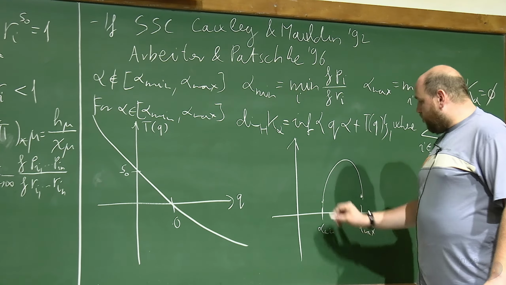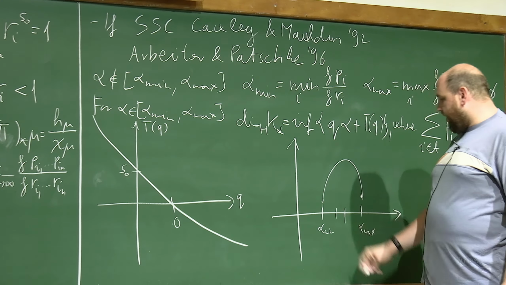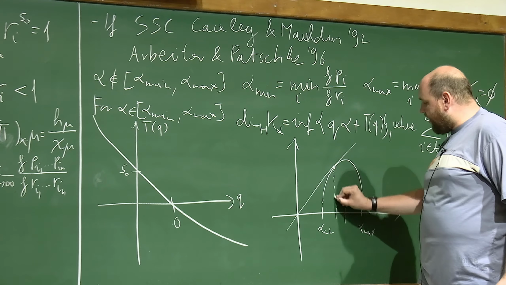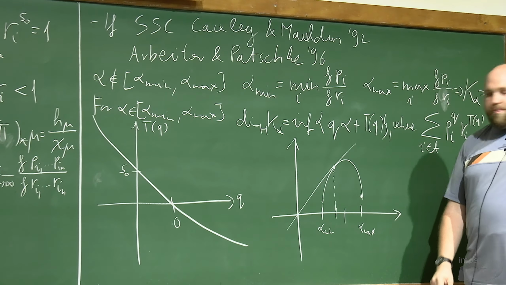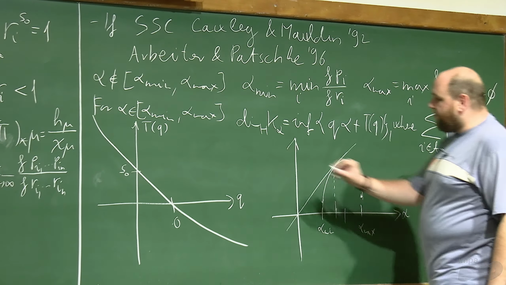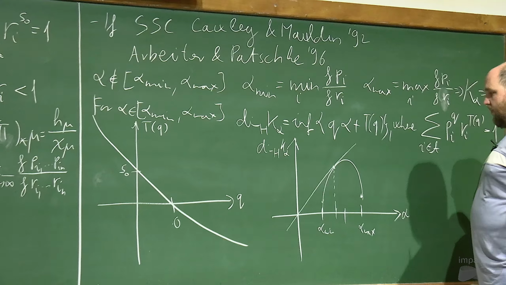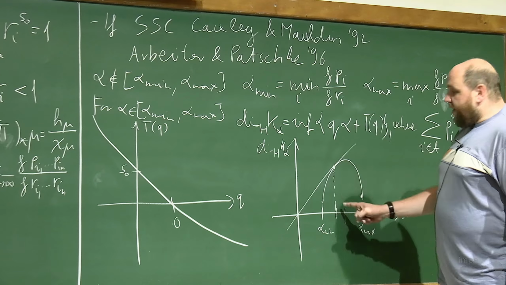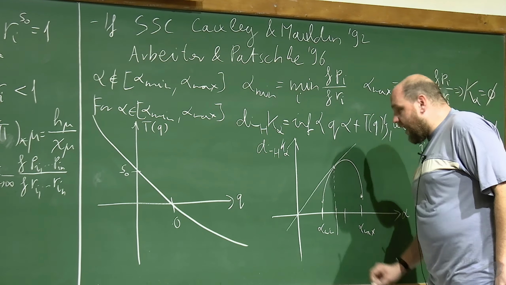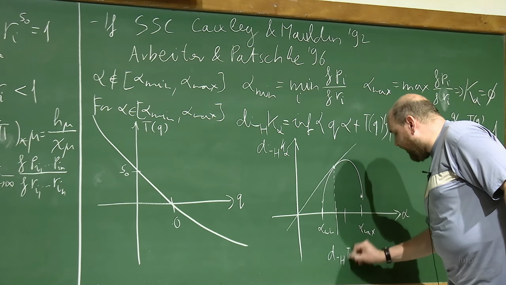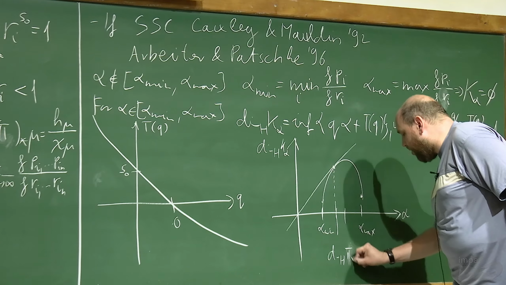Okay, and there are two main points here. The first one is where it's tangential to the identity map. So this is what you see here, the alpha, here, the dimension of K alpha. And where it's tangential is exactly the dimension of my measure mu.